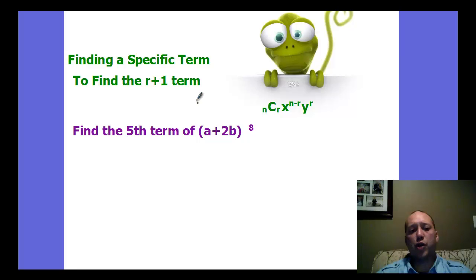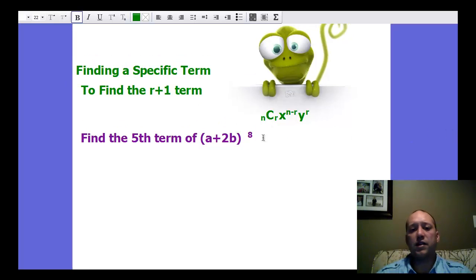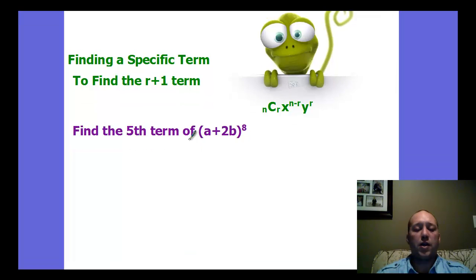So you can find a specific term, and so if we want to find the fifth term of this binomial expansion, because we're finding the fifth term, r is always 1 less than the term number, so r is going to be 4. N is the degree, which is 8. Our x value is a. Our y value is 2b.